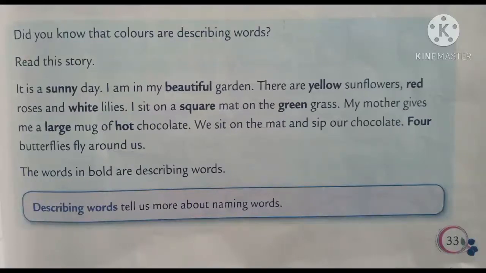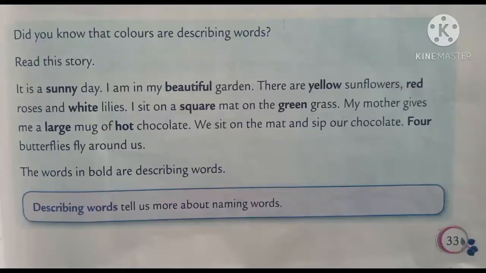Now, roses is a noun. What kind of roses, children? Red roses. So, red is describing the roses. Okay, children? So, it is a describing word or adjective.